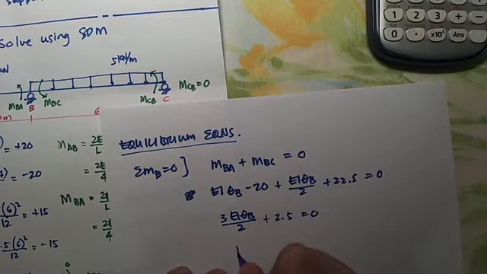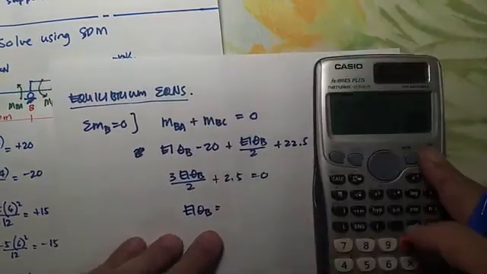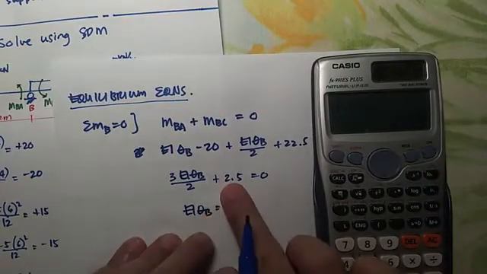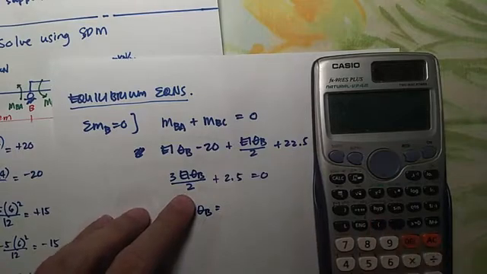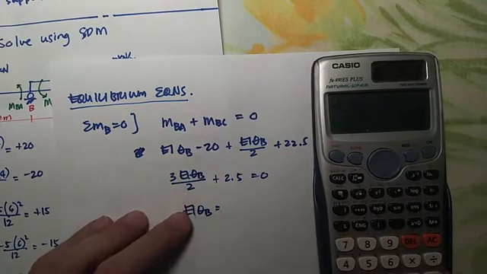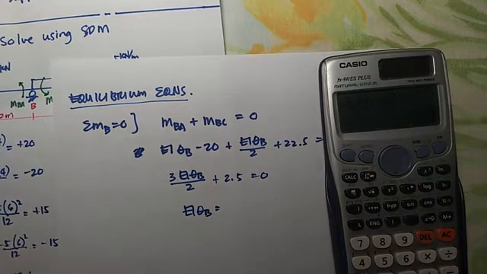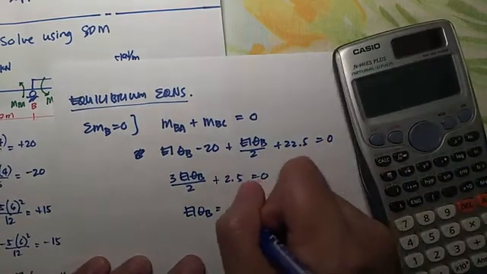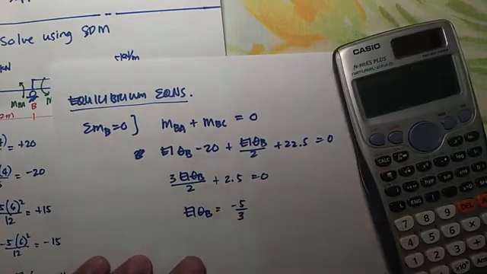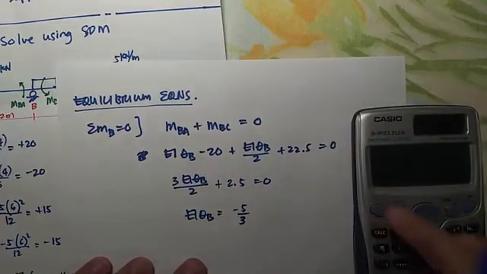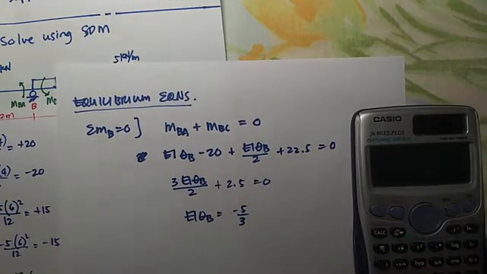So from there, I could solve for EI theta B. And that EI theta B is equal to negative 2.5 transferred to the right divided by 3 halves or 1.5. So that is negative 5 over 3. So negative 5 over 3 is the value of, store ko na lang siya sa B, the value of our EI theta B. Okay?